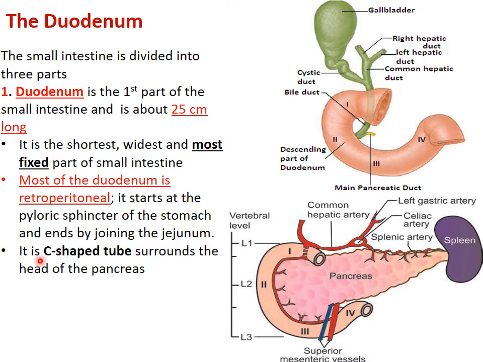Another point, the duodenum is a C-shaped tube that surrounds the head of the pancreas. In this picture, this is the pancreas, this is the spleen, the tail of the pancreas touches the spleen, and the head of the pancreas touches the duodenum.